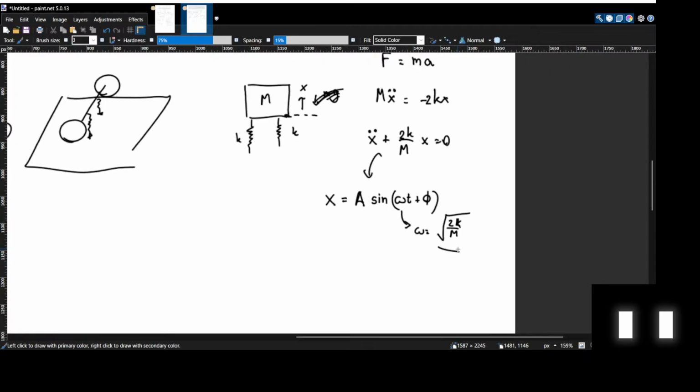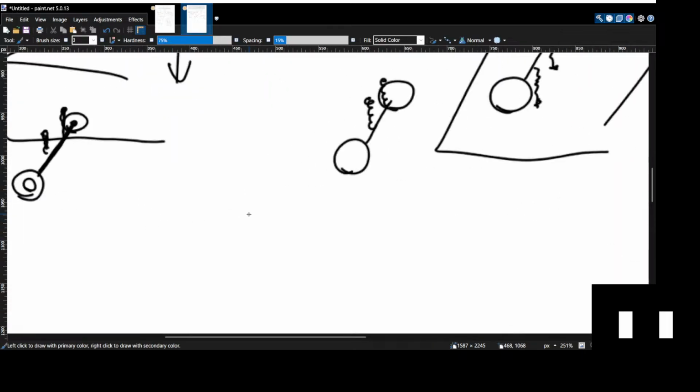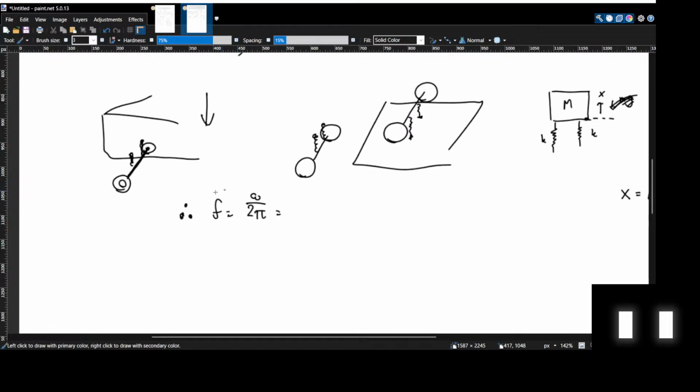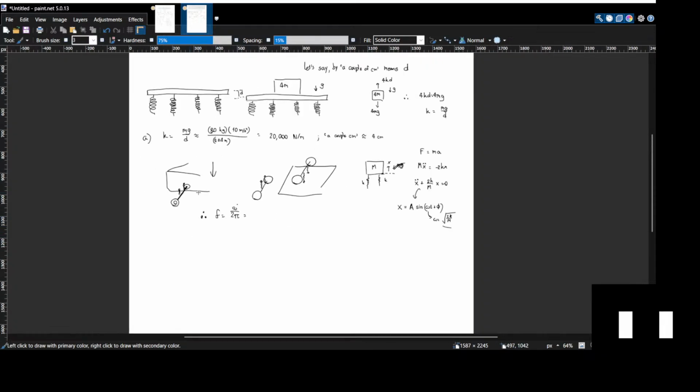All right. So frequency. Therefore, the natural frequency is going to be equal to omega divided by 2 pi, because frequency is how often it goes up and down.